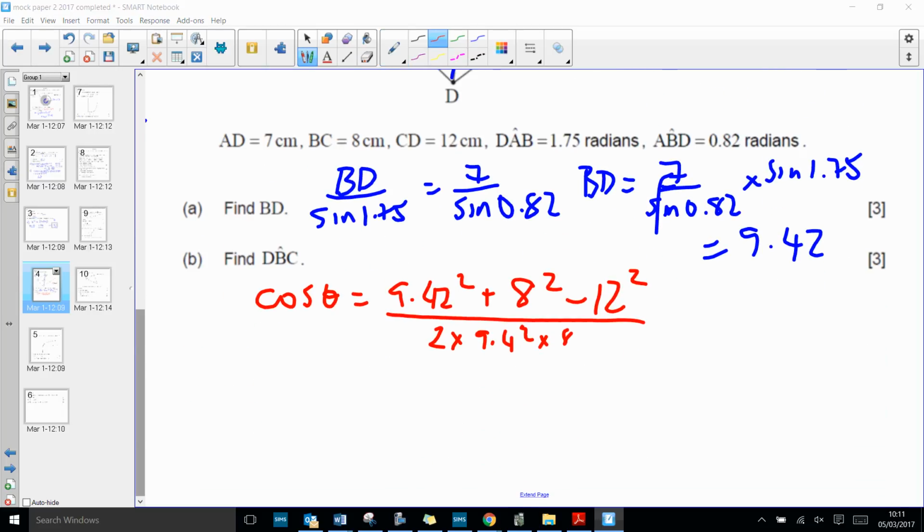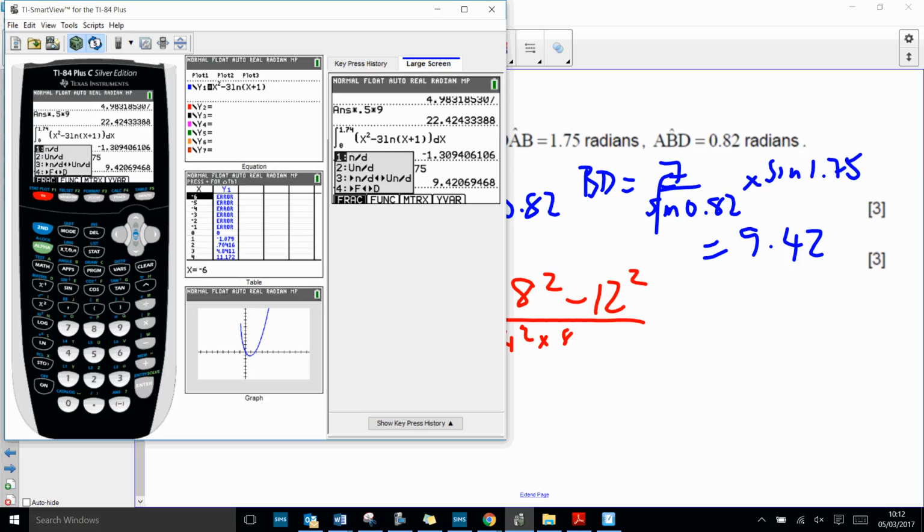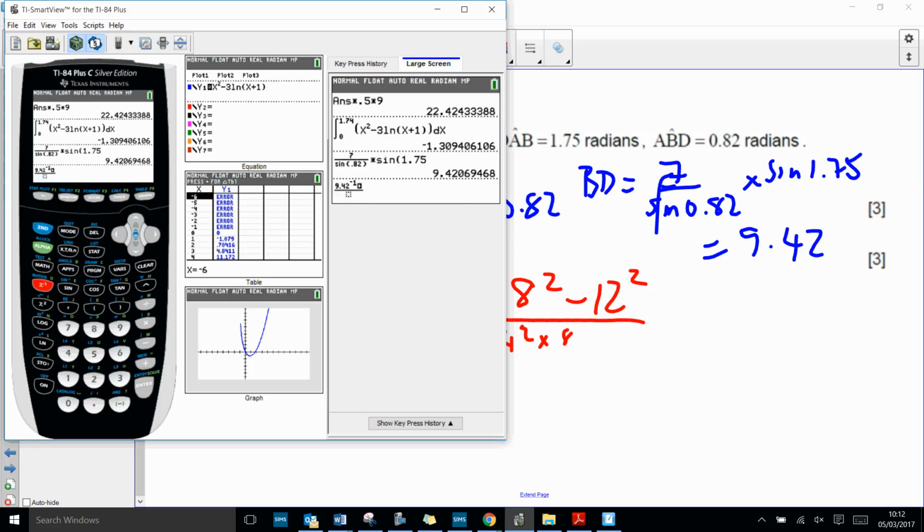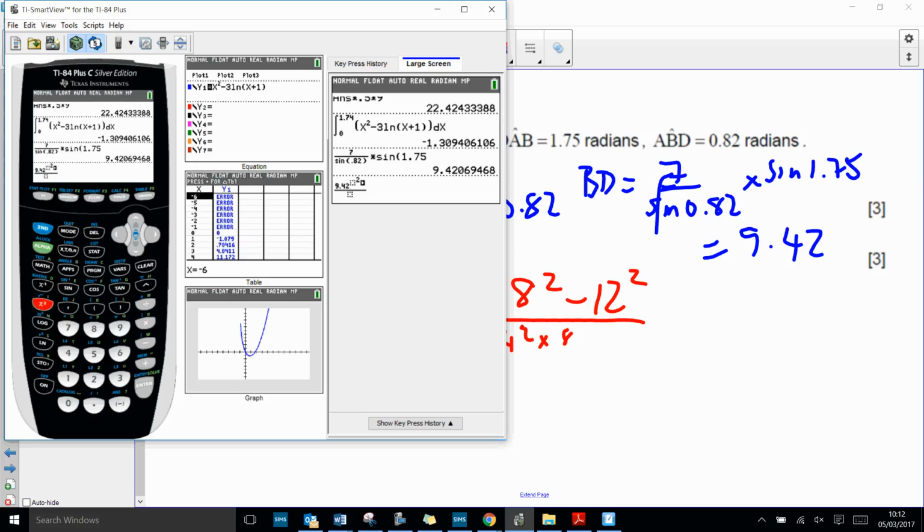Alright, so stick that in the calculator. 9.42 squared plus 8 squared minus 12 squared, over 2 times 9.42 times 8.